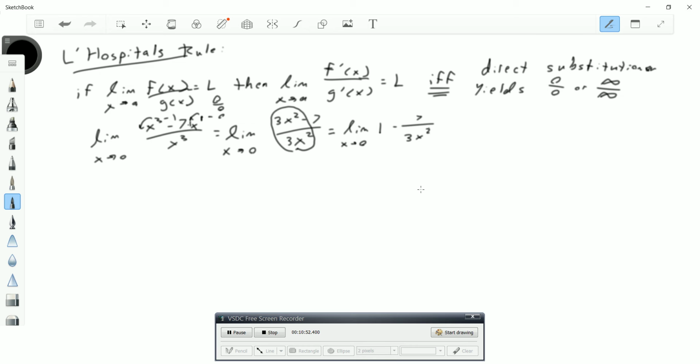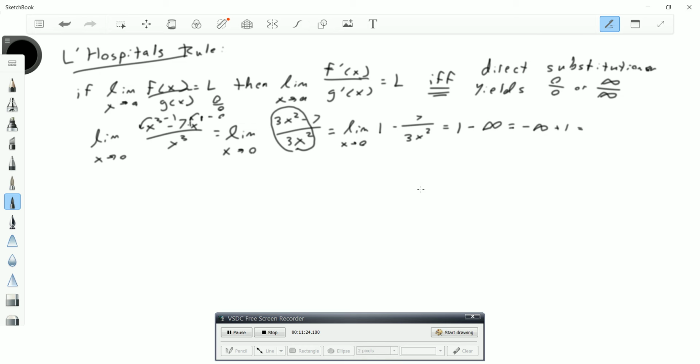And now the limit as x approaches 0 of 7 over 3x squared, that's infinity, right? In other words, this is going to get bigger and bigger and bigger because you're dividing by something smaller and smaller and smaller. So really this is just negative infinity plus 1, which is still negative infinity. So that's our answer.